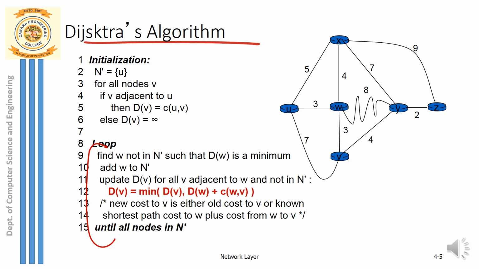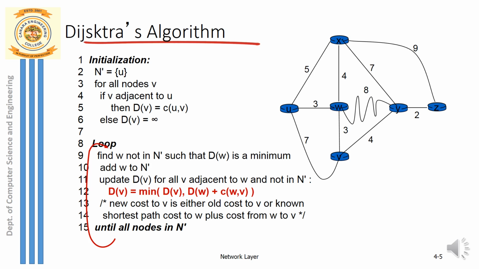So which is that minimum distance from the source node to the neighboring node? The distance from u to w is minimum compared to u to x and u to v. Compared to 5 and 7, 3 is the least.